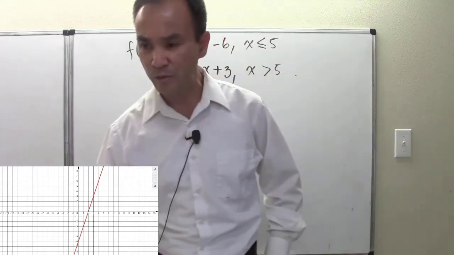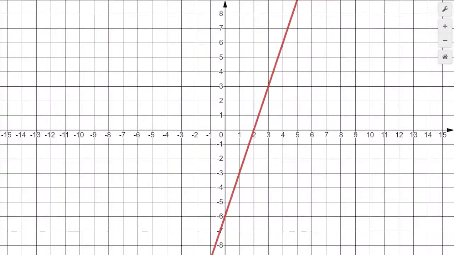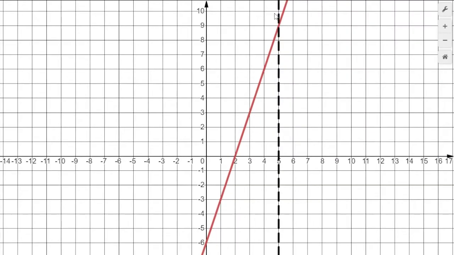On the graph, I'm going to put in a line here. It's dotted because it's not intended to be part of the actual graph. It's just there because this is where the breakpoint happens.